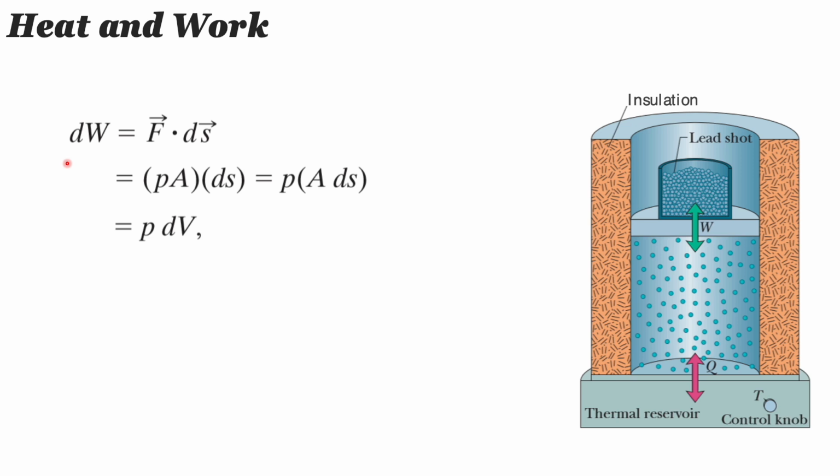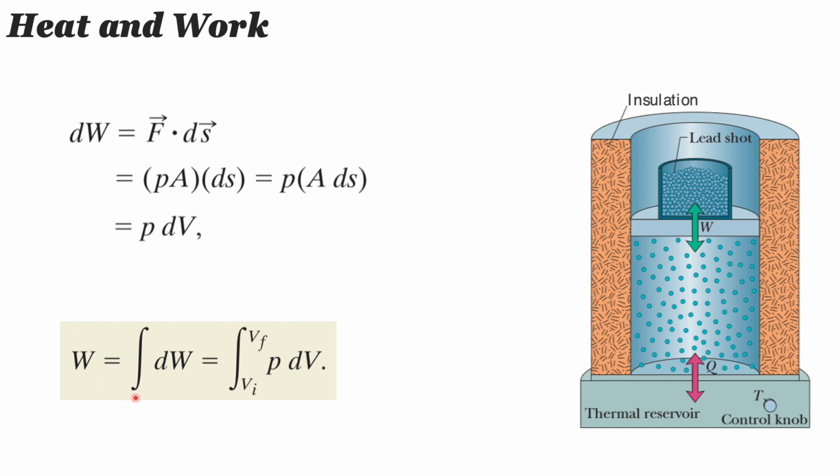So how can we calculate the total work done during the whole thermodynamic process of moving the system from its initial state to its final state? We have to perform integration like we did before while calculating the work done by variable force.